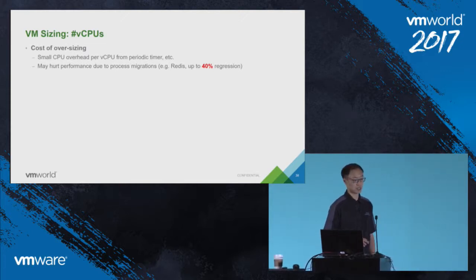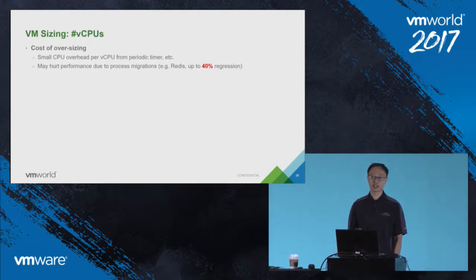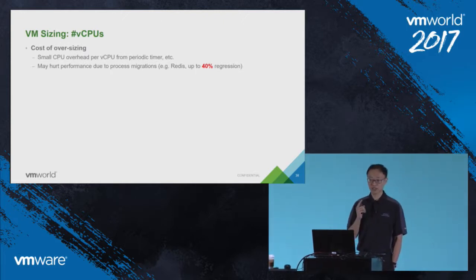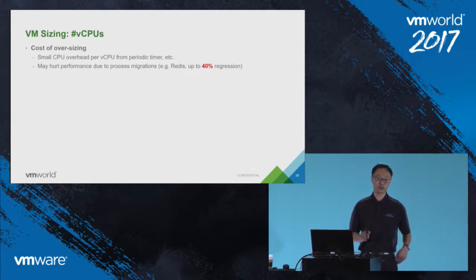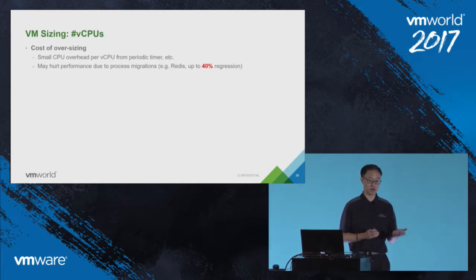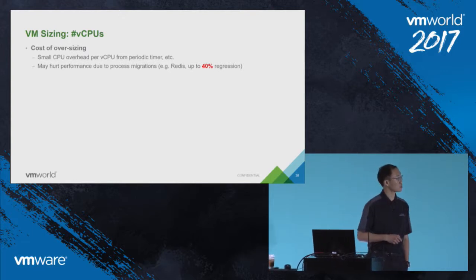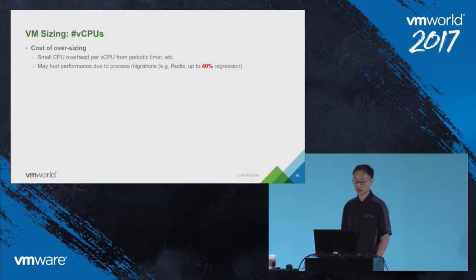The more important case of oversizing a VM is that the guest scheduler may do some stupid stuff. For example, a single-threaded Redis workload. If we provision the Redis VM with 1 vCPU because it is single-threaded, versus provisioning it as an 8 vCPU VM, in the 8 vCPU case we see a 40% regression on that specific benchmark.